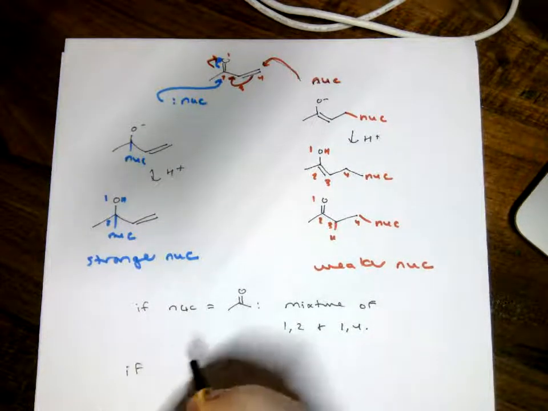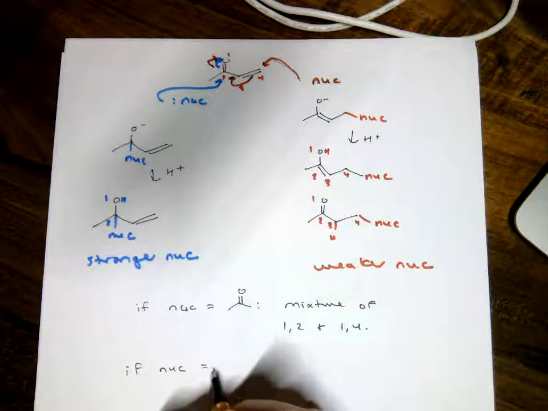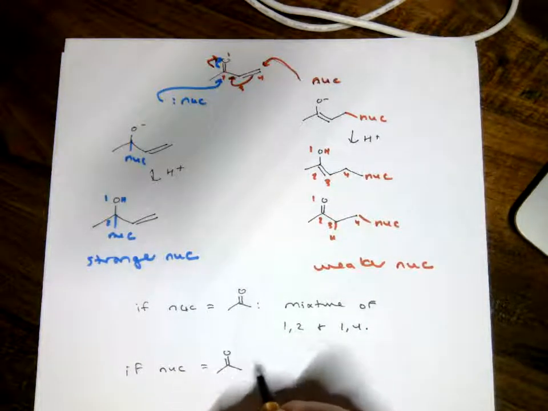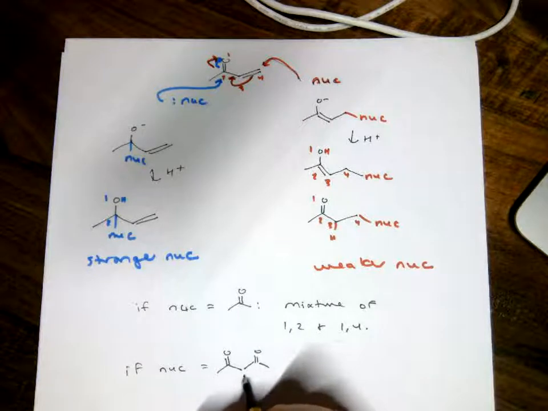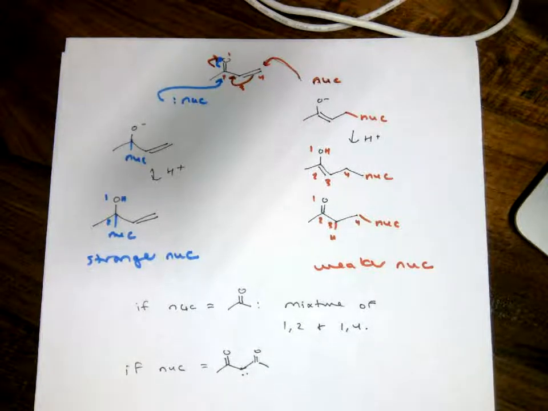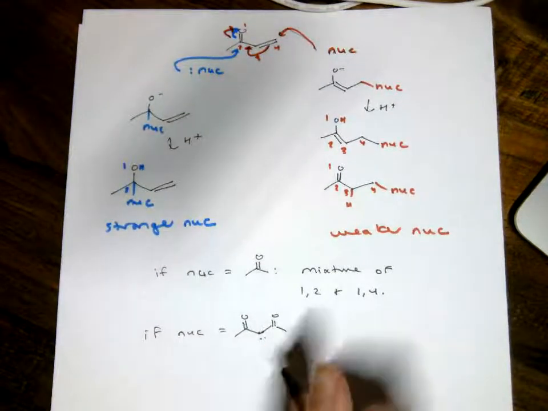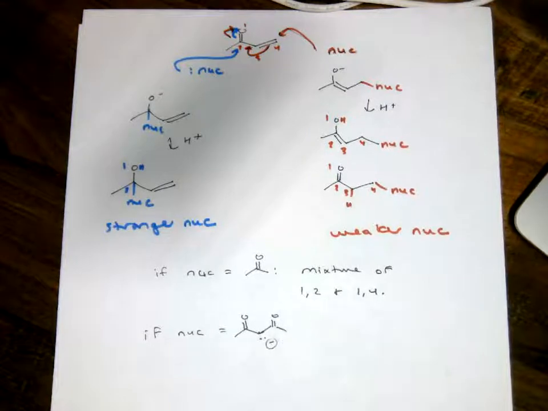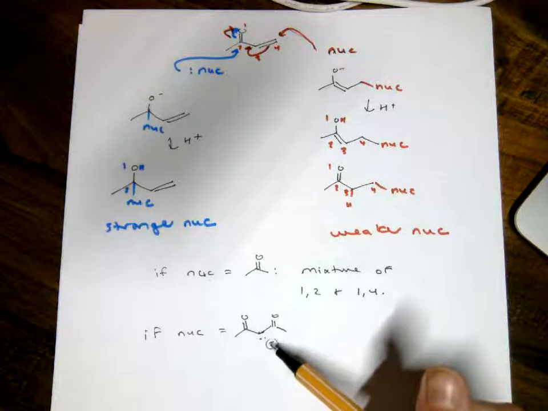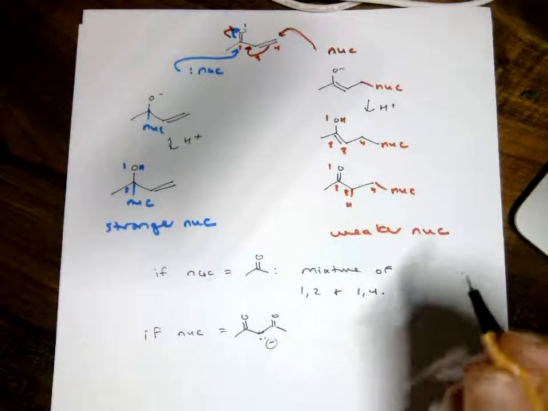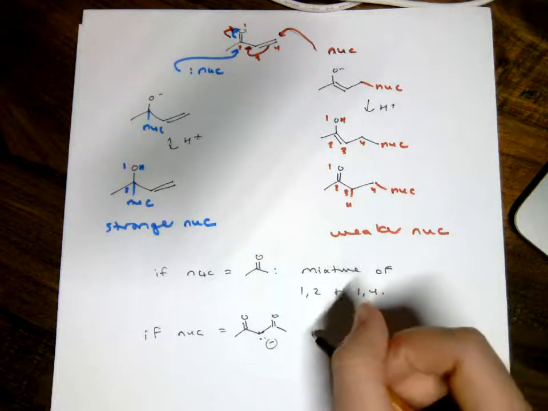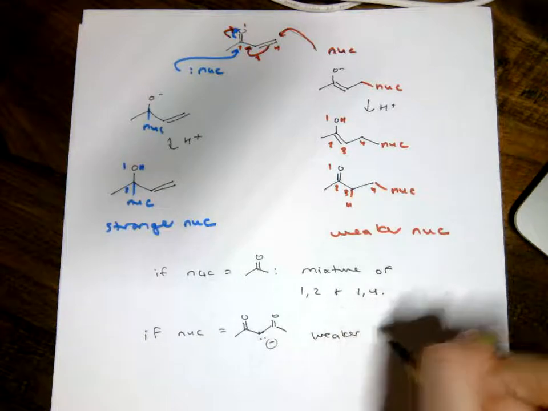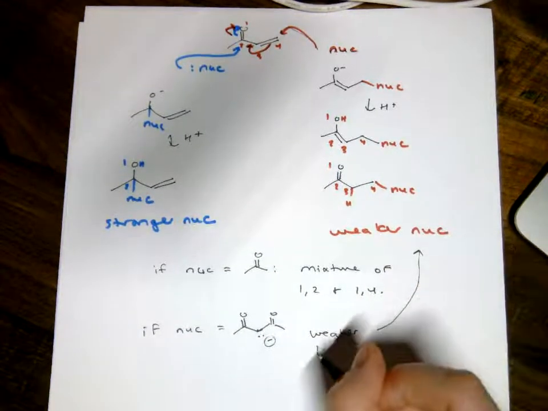If it's a stabilized enolate, hopefully you guys remember what that is. It's when there's another electron withdrawing group here that makes this a weaker base, a stronger acid. This is weaker, so this will actually favor 1,4.